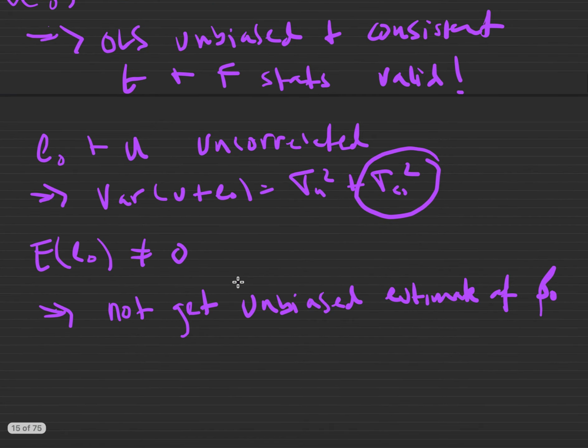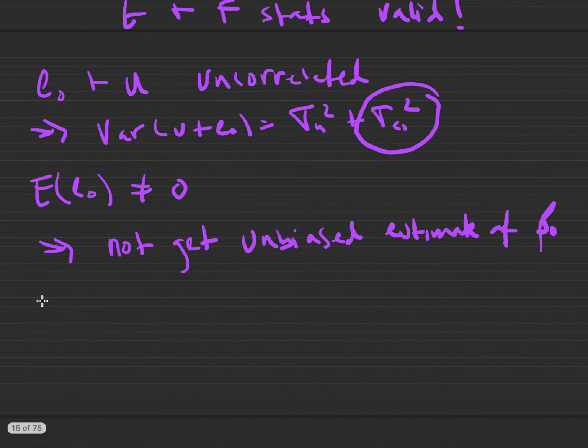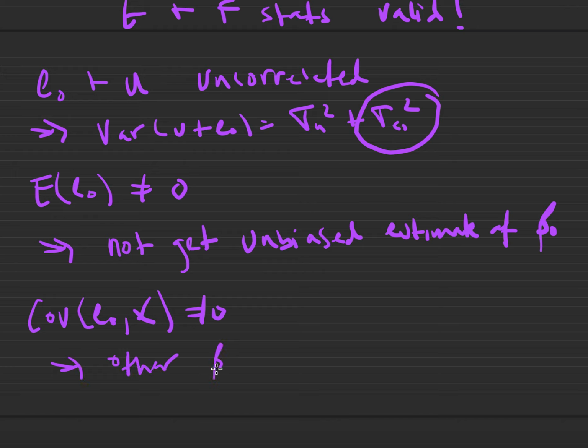The real problem is that if the covariance between e0 and the x's is not equal to 0, so if e0 is somehow systematically related to the regressors, then the other coefficients, beta 1 through beta k, will be biased and inconsistent.